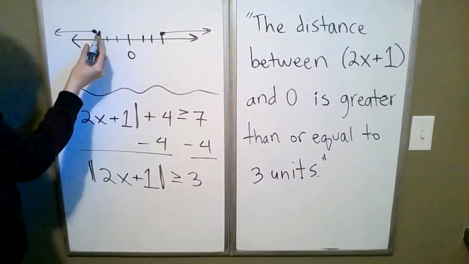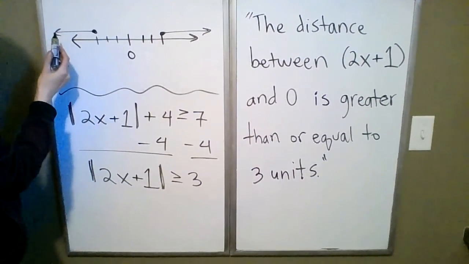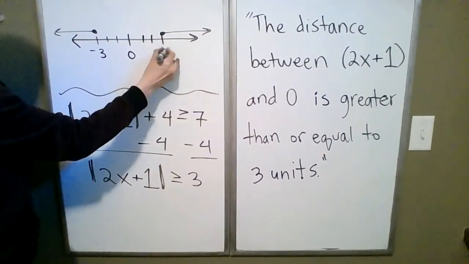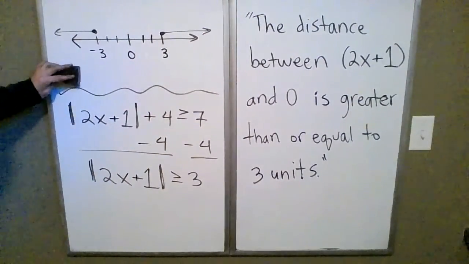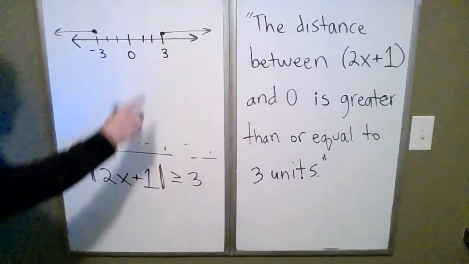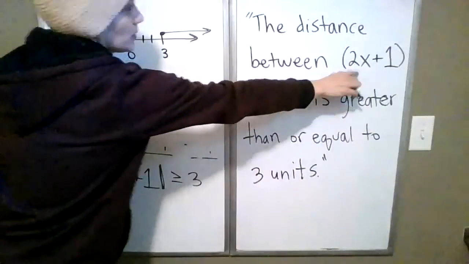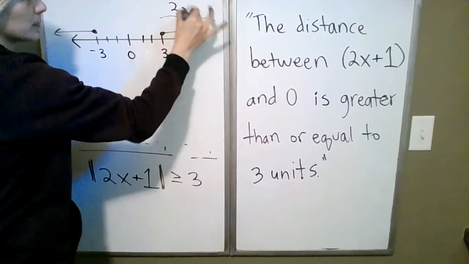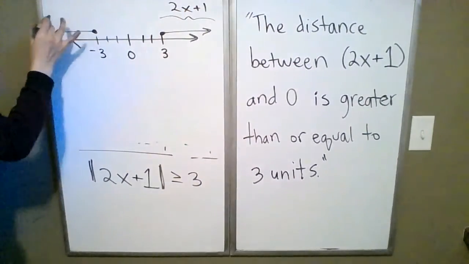So it's a distance of more than 3 units from 0 to the left or to the right. And in those shaded places, it's the values of 2x plus 1 on either side.